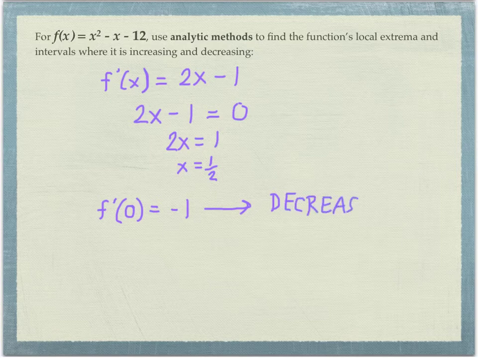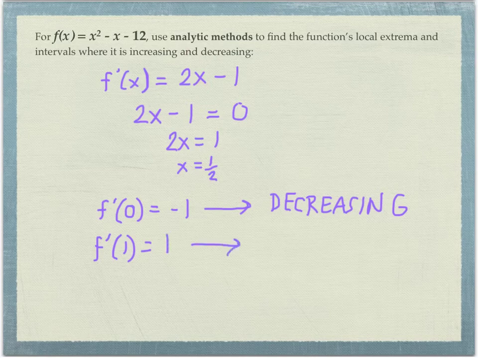Look back on the notes you just took on that. Just to verify this, let's pick a number that's clearly bigger than 1/2, like 1. Sure enough, if I put a 1 in the derivative, 2 times 1 is 2, 2 minus 1 is 1. So my derivative is positive. That means, in that region anyway, the original function is increasing.